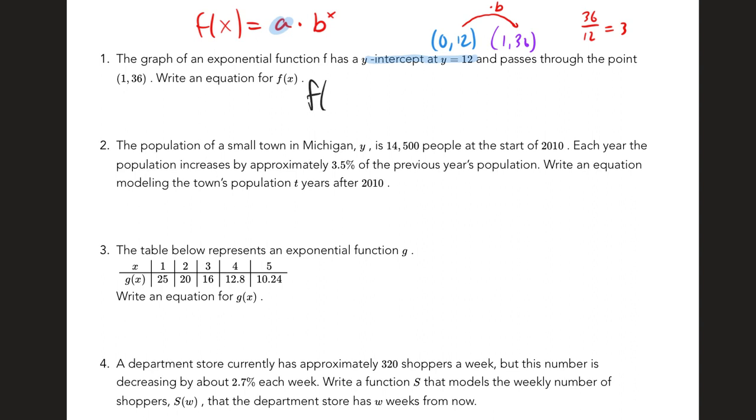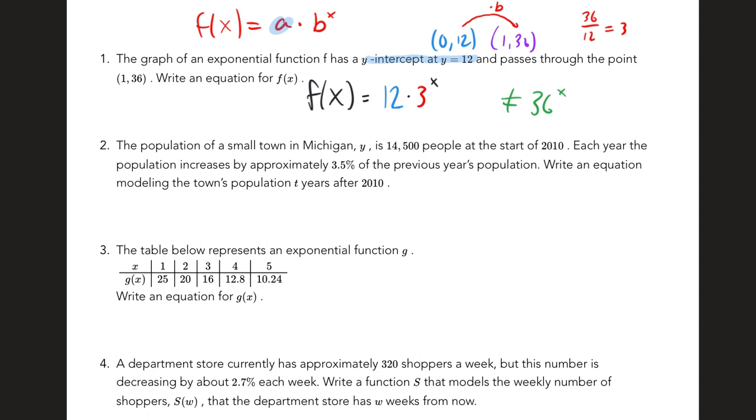So f of x equals starting value, y-intercept, times growth rate, all to the x power. And then just remember, we cannot say that's equal to 36 to the x. Can't multiply those. Easy peasy.